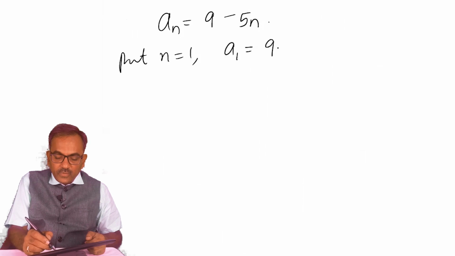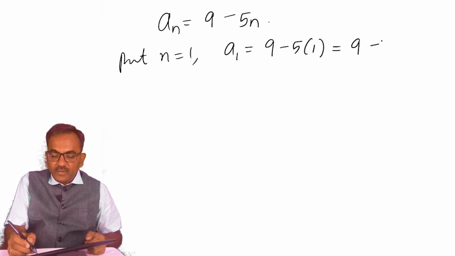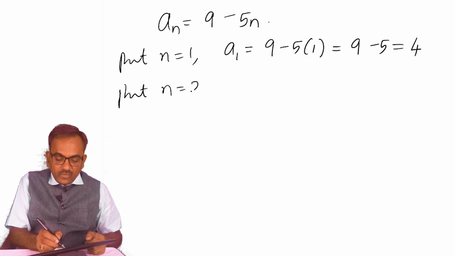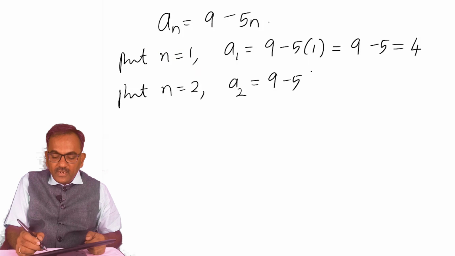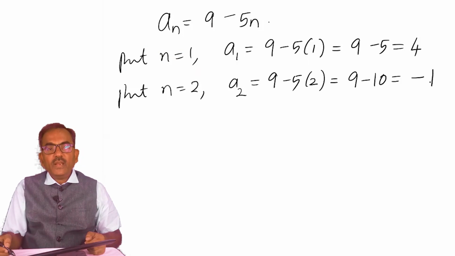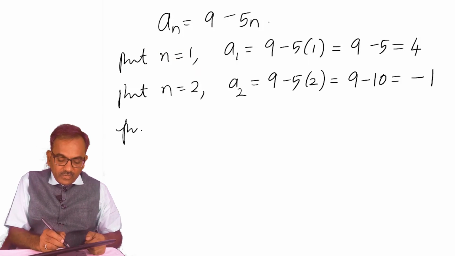A1 is equal to 9 minus 5 times 1, 9 minus 5, which is equal to 4. Then put n is equal to 2. A2 is equal to 9 minus 5 times 2, 9 minus 10, which is equal to minus 1. Put n is equal to 3.